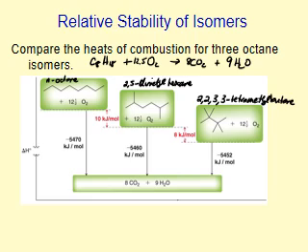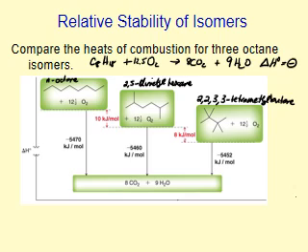We could measure the amount of heat given off, because when this combustion reaction occurs, it does release heat. So the enthalpy of reaction is negative. What we observe is that n-octane releases negative 5,470 kilojoules per mole. The hexane derivative is 10 kilojoules per mole less, and the butane is even less still.